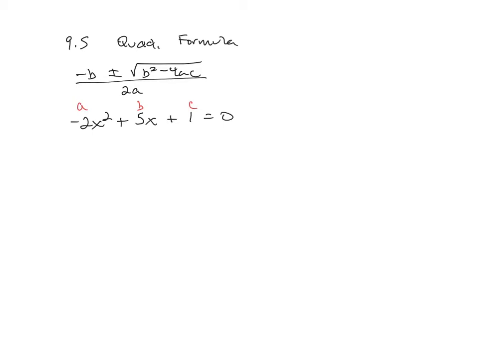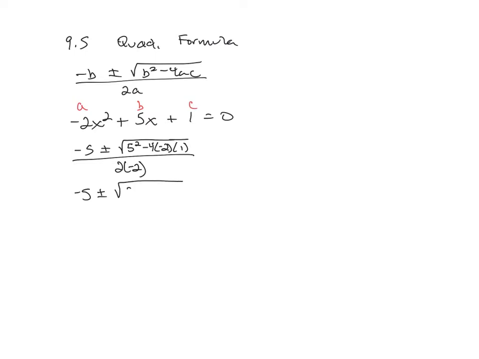So when we plug it in, negative, and then the b is 5, plus or minus 5 squared minus 4 times a is negative 2, and c is 1. And then we have 2 over negative 2. All right, and then most of the work is under the square root.